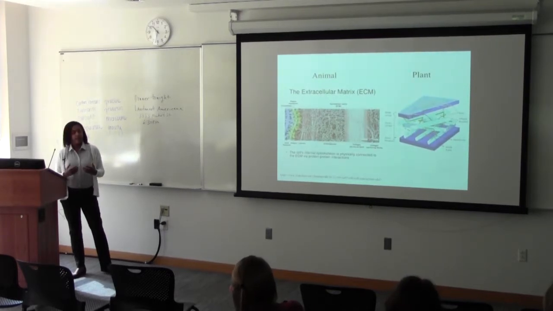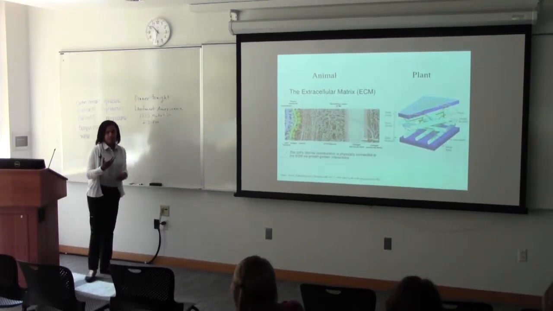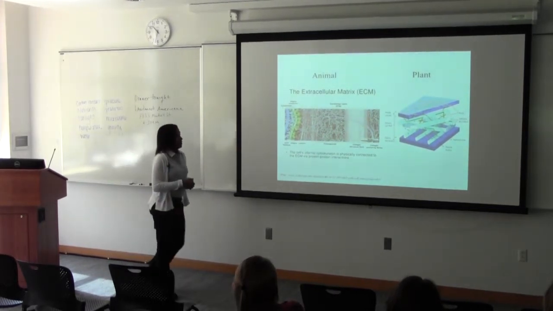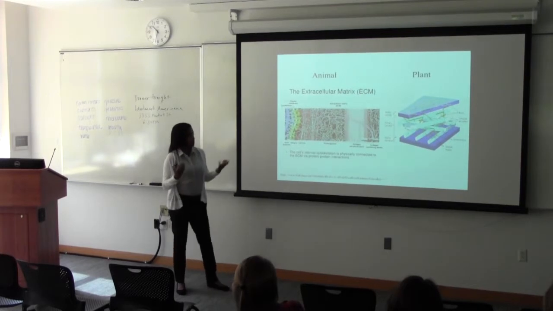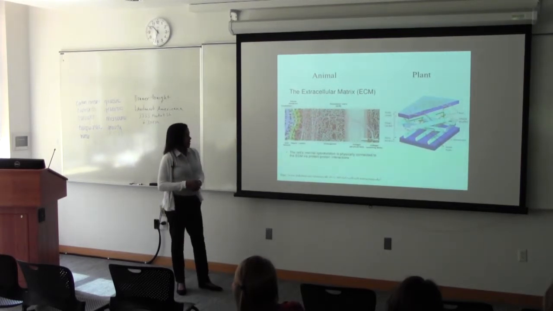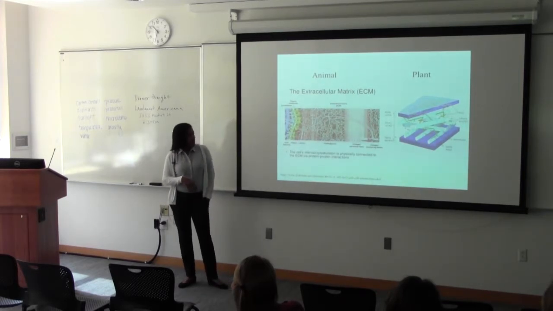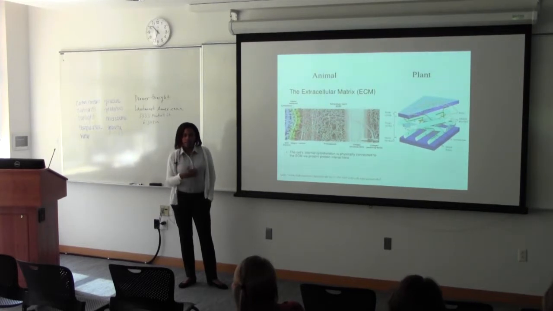If we look very carefully and try to mimic it, it's pretty complex. This is a higher magnification of that. Animal cells may be interfacing with native collagen, which makes up a lot of the tissue matrix, but there's all kinds of other stuff around that collagen: proteoglycans, laminins. And the physical structures exist at very different length scales.